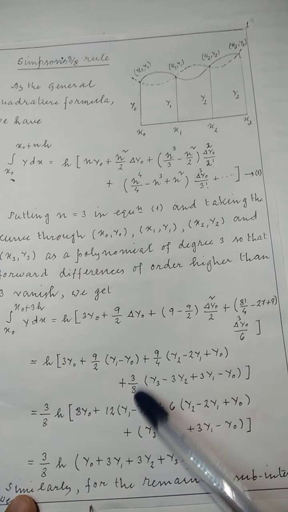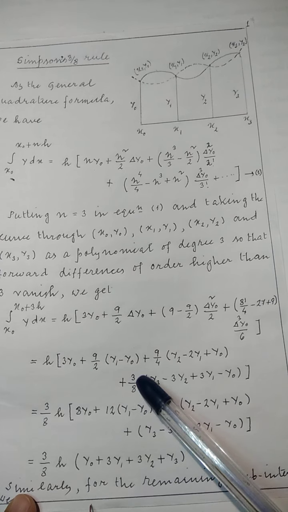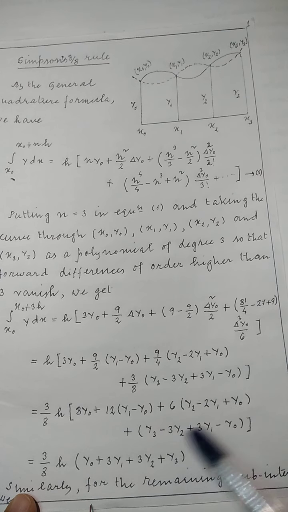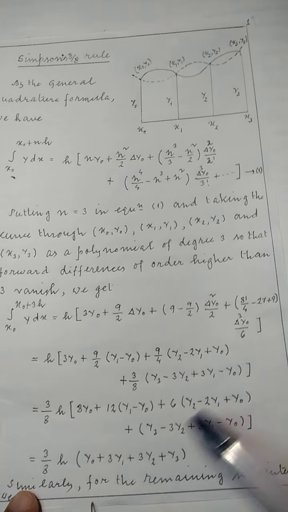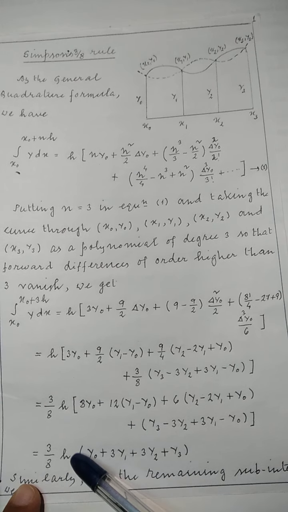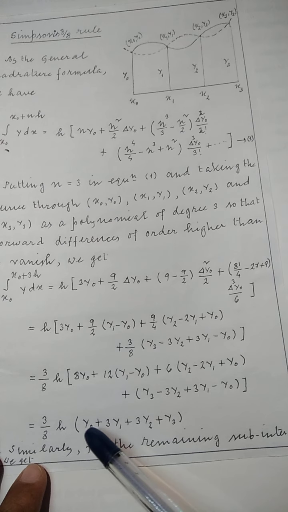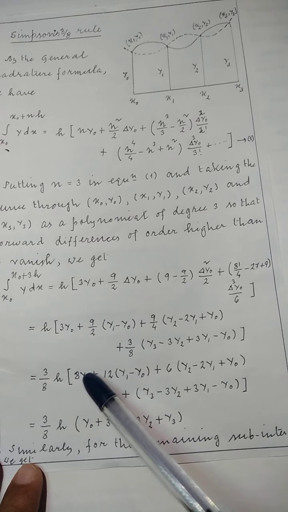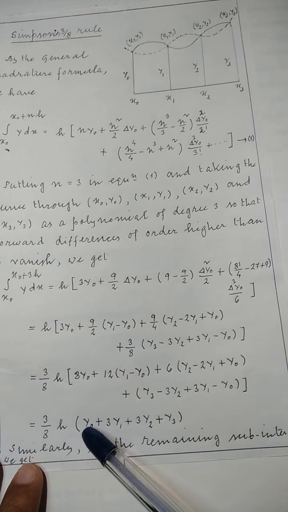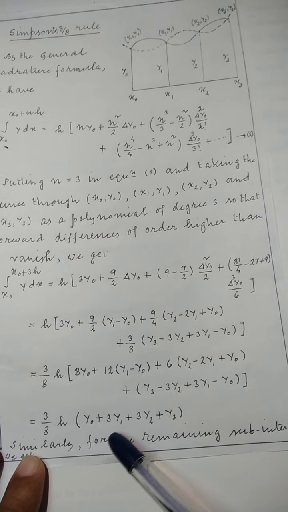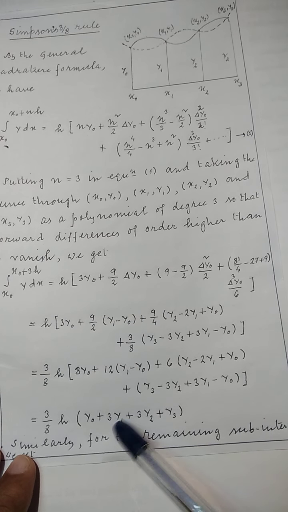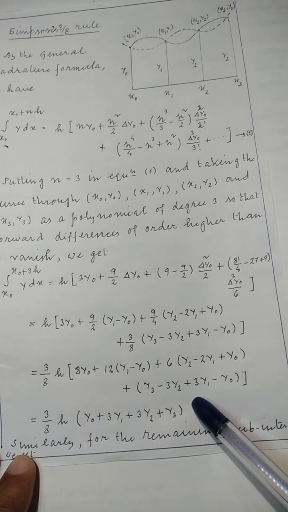In the last term, since we've taken 3 by 8 common, the coefficient is 1, so this expression stays as it is. Now we'll arrange these terms, with 3 by 8 h outside. Simplifying 8 y0 with the other terms, you'll get y0 plus 3 times y1 plus 3 times y2 plus y3.